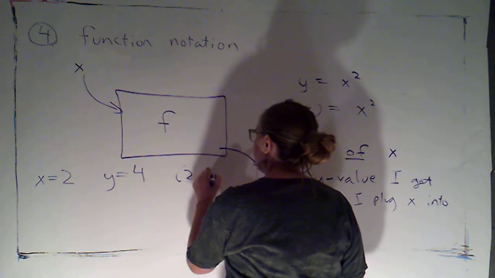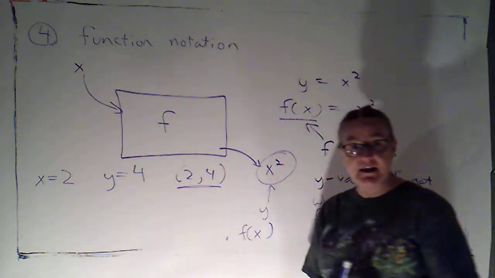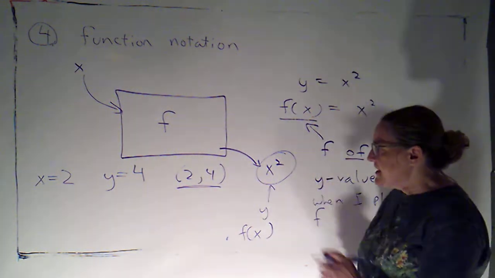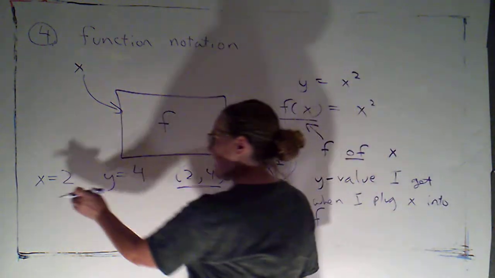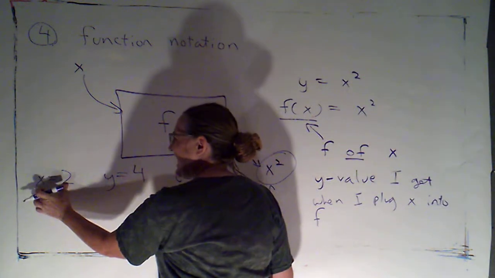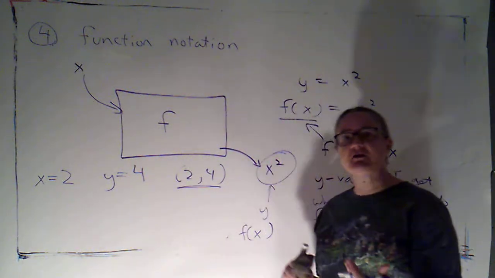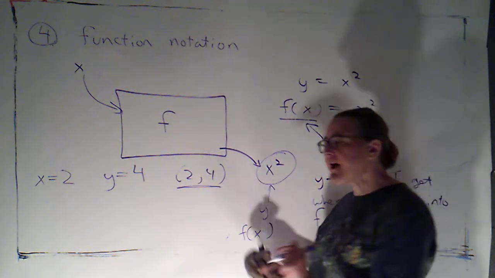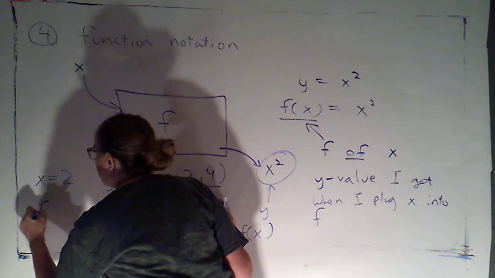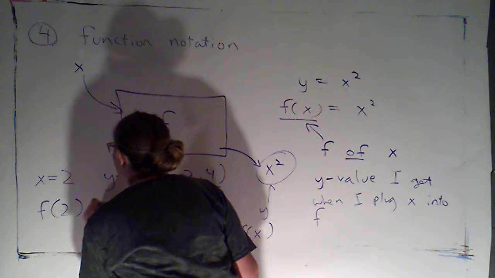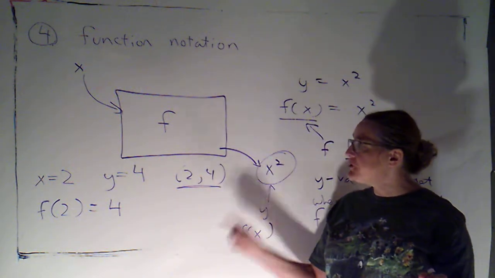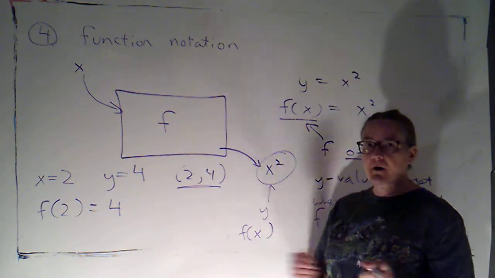Okay. So if I were graphing it, that would be this point 2, 4 that I would plot on the graph. But in order to give you the coordinates of the point using just x's and y's, I gave you 2 equations. One equation told you what x was, one equation told you what y was. If I use function notation, I can say it all in one equation, because I can say f of 2 is 4.